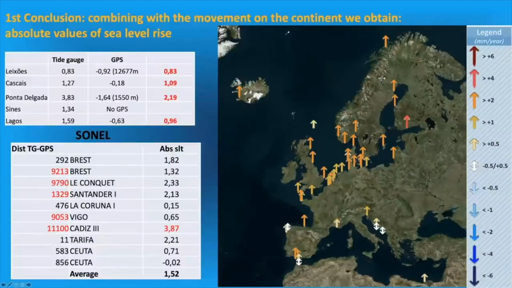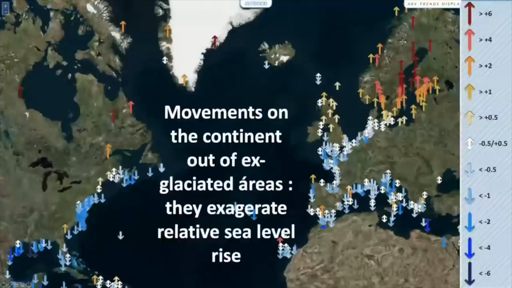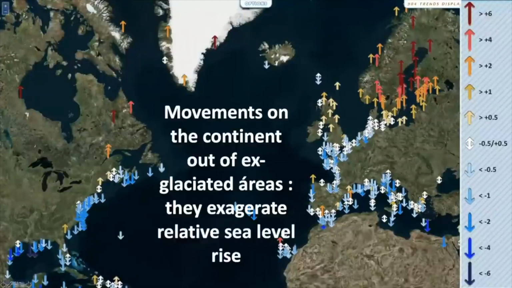And some areas around the Iberian Peninsula, a little to the north, you have an average of 1.5 millimeters per year. Of course, all this can be explained by the movement of the continent outside the ex-glaciated areas.